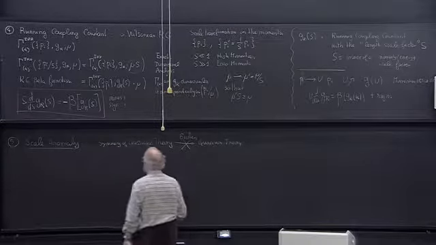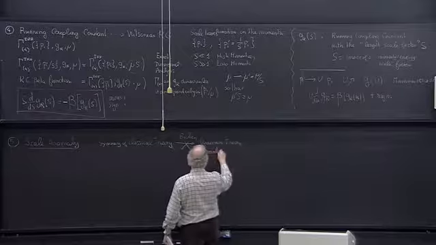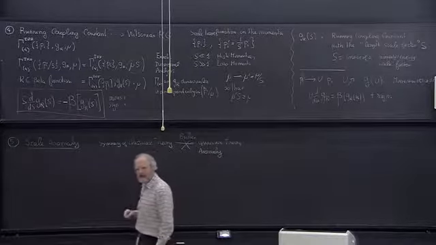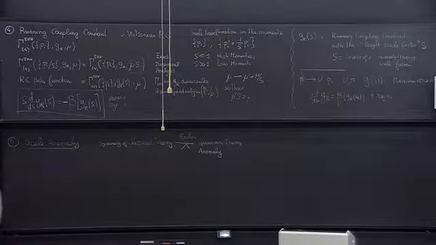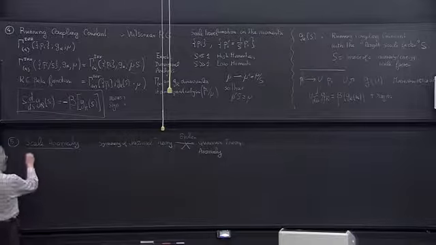This symmetry is said to be anomalous. There is an anomaly due to quantum effects. And let me go back to the classical phi-4.